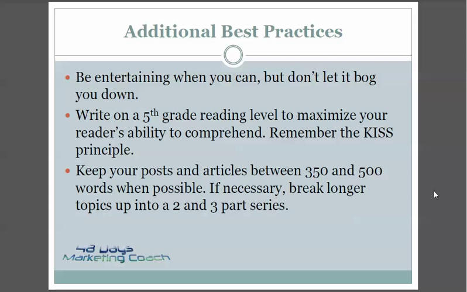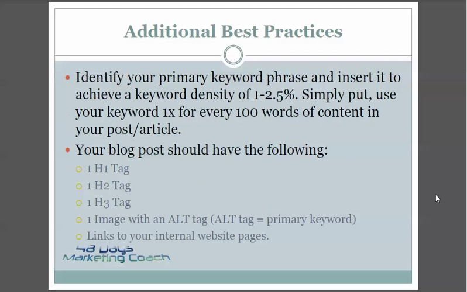If necessary, I encourage you to break longer topics up into a 2 to 3 part series to keep them readable. Everyone is pressed for time nowadays, and it definitely makes sense to give them valuable information in bite-sized chunks. Okay. Now, identify your primary keyword phrase and insert it into your articles with a keyword density of 1 to 2.5%.